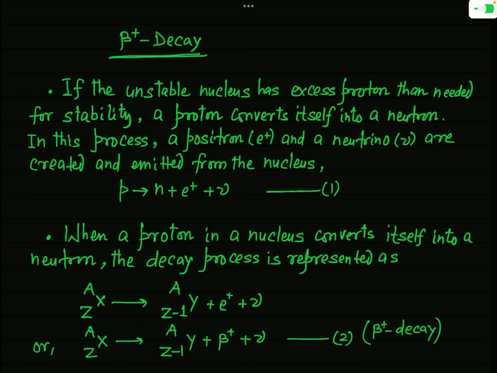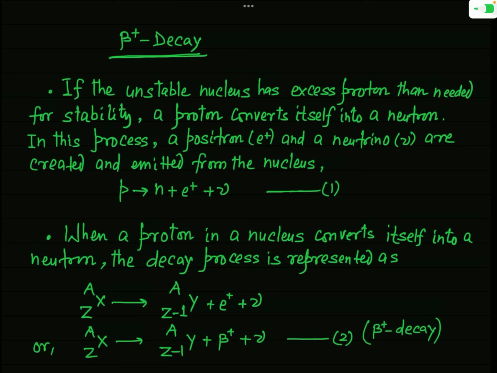In fact, what happens in this process? If there is an excess of protons, the nucleus will definitely have a tendency to lose protons, and at the same time it also tends to increase the number of neutrons to get stability.